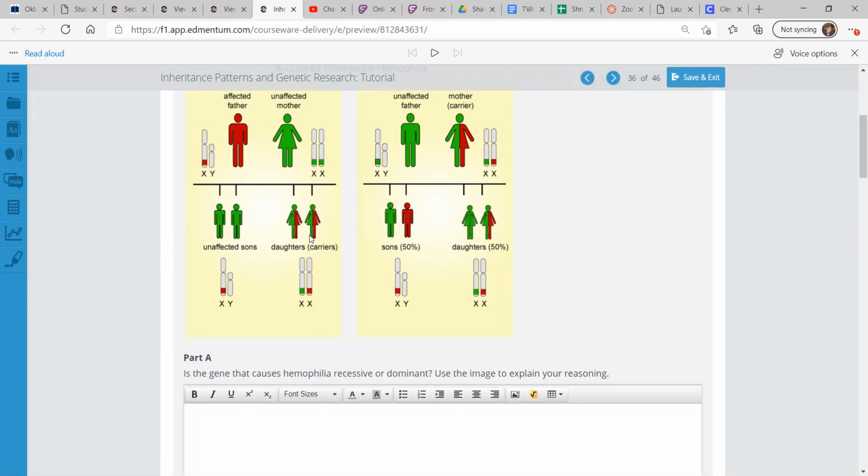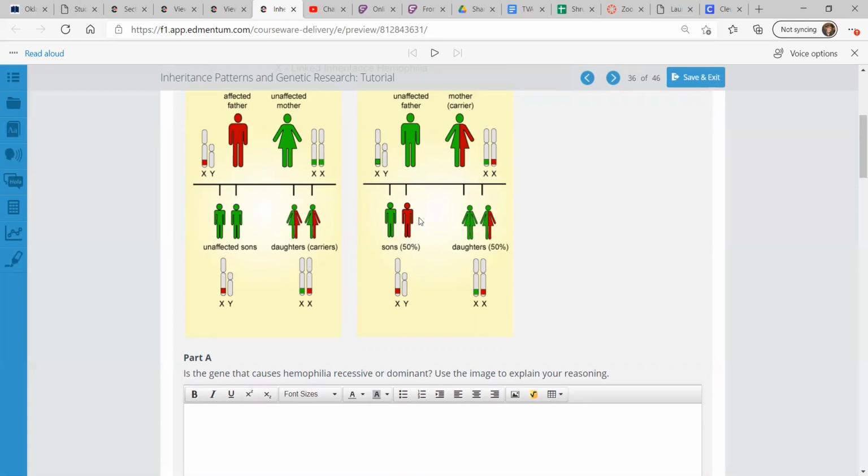The daughters get one X from their mother, one X from their father, and they are carriers, but they are not affected. So it's a recessive gene.